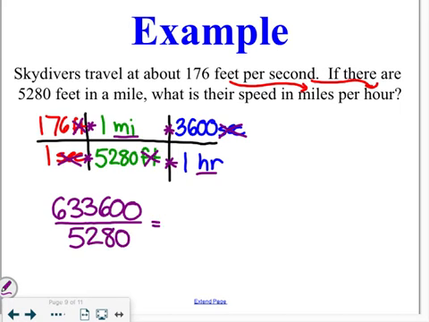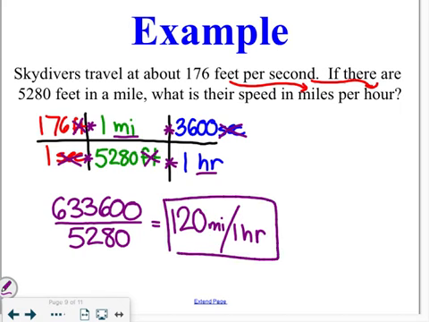And when I divide that out, I end up with 120 miles per 1 hour. So we are able to convert that feet per second into miles per hour.